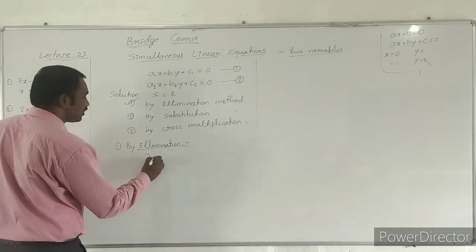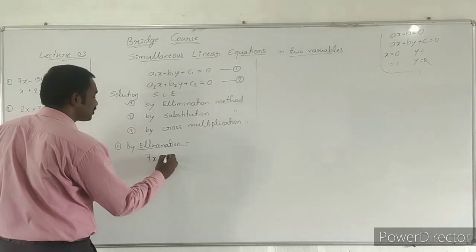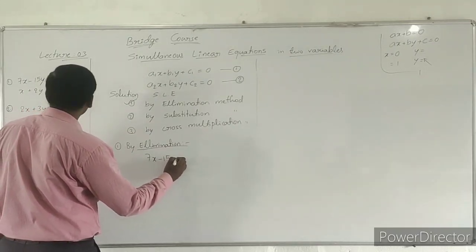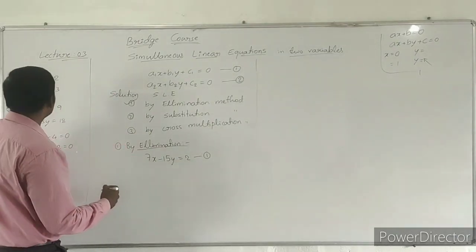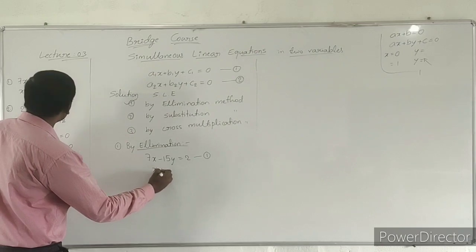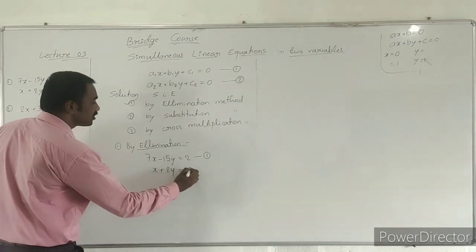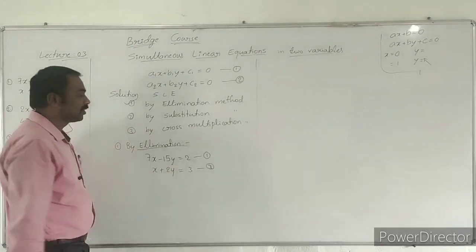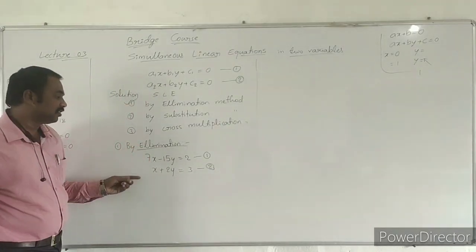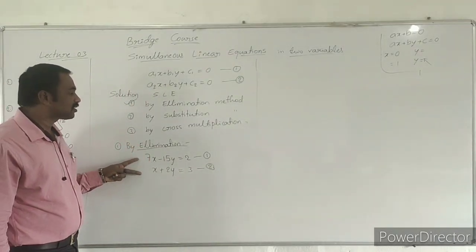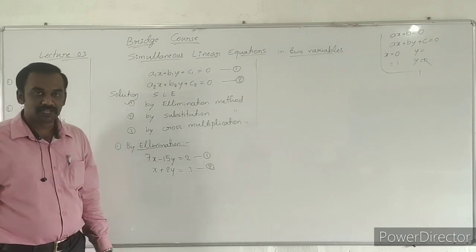That is 7x minus 15y is equal to 2. I call this equation number 1, and another equation is x plus 2y is equal to 3, equation number 2. Now I am going to solve these two equations by the method of elimination.